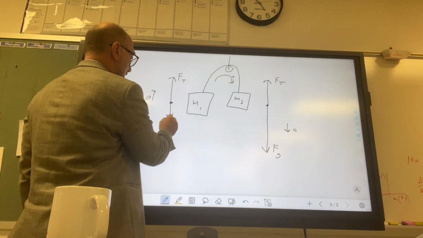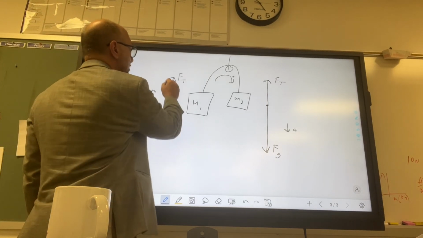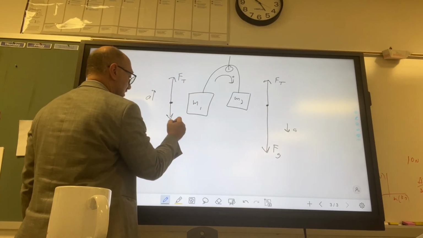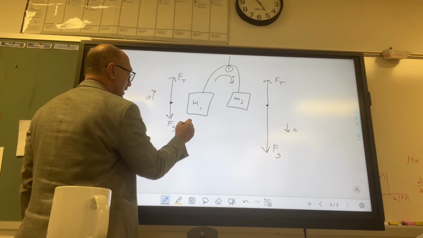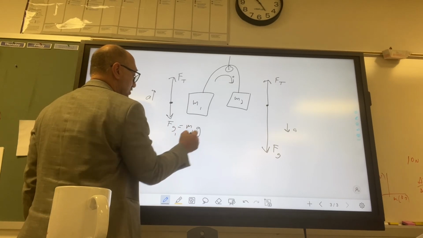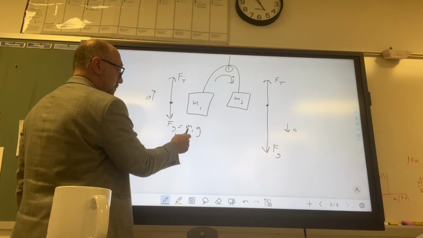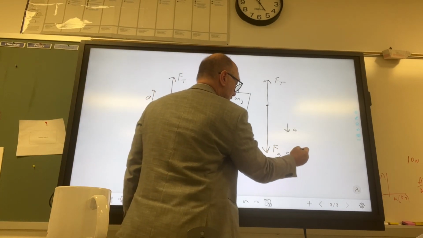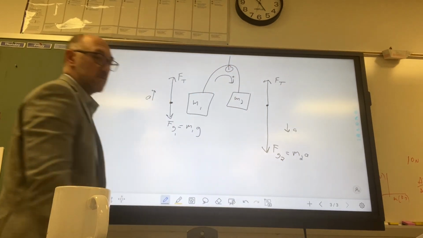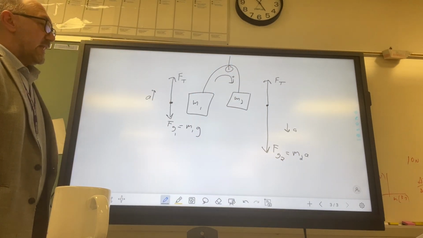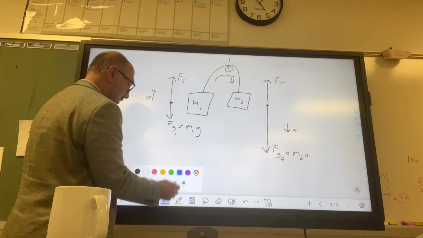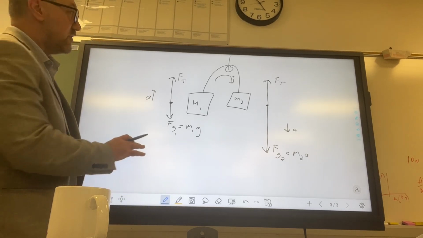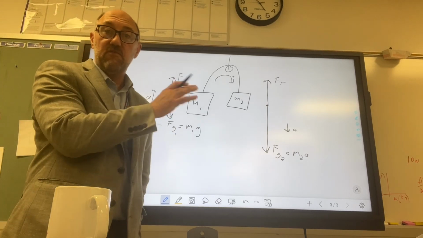So this force of gravity is the smallest, the two tensions are the same, this force of gravity is the largest. And this force of gravity 1 is going to be M1 times G. That's how you get weight, the mass times 9.8. And this is going to be M2A. Usually, not always, but usually we find the acceleration by doing F equals ma for both.